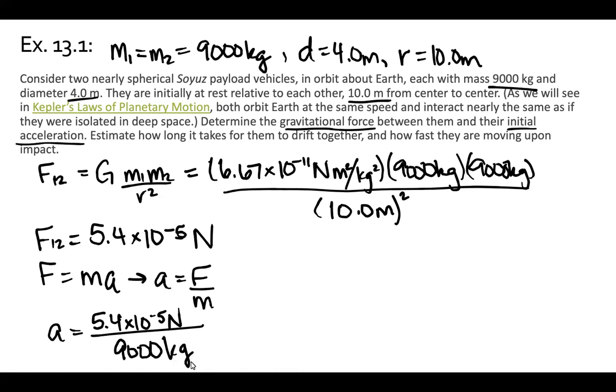Notice that we are looking for each of their accelerations. So this is going to be the acceleration of one of the vehicles. We take that value, divide it by 9,000, and we get an acceleration of 6.0 times 10 to the negative 9th meters per second squared.